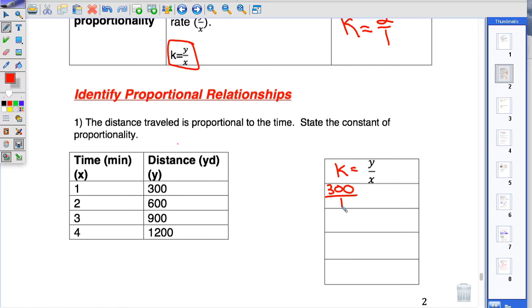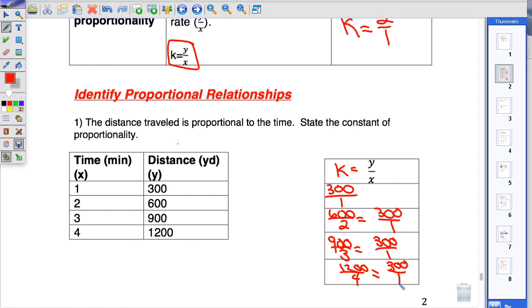Now we go to our second minute, which gives us our distance of 600 over 2, and if we simplify it, 300 over 1. Then we have 900 over 3, which simplifies down to 300 over 1, and 1200 over 4, which gives us 300 over 1.